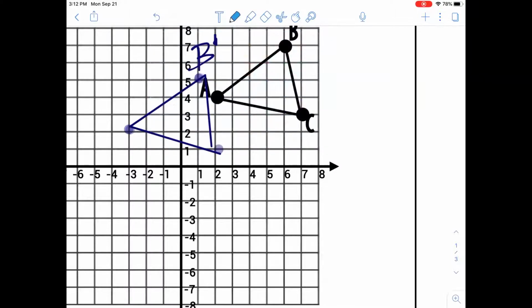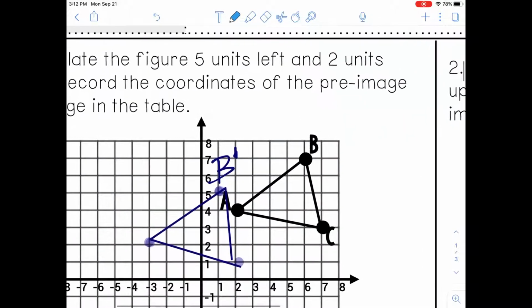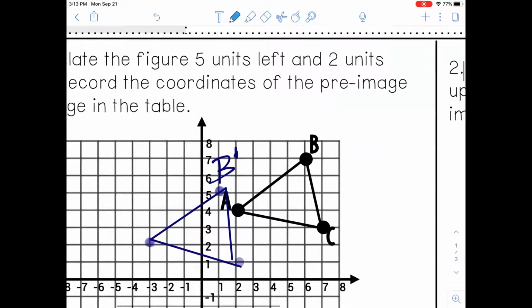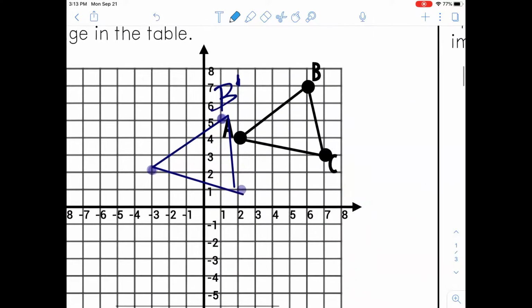Let's try that. Okay. We wanted to go 5 units left and 2 units down. So from here I count 1, 2, 3, 4, 5, and then I go down 1, 2, and that puts me where we have our larger dot there. And that's our B prime.